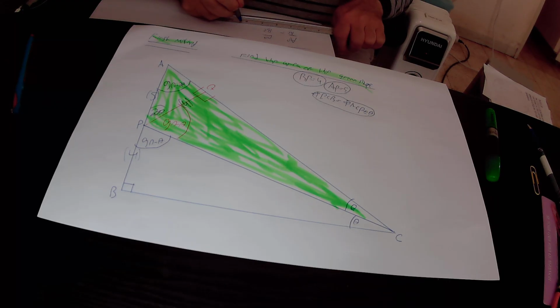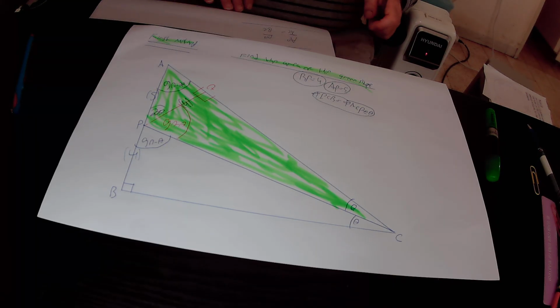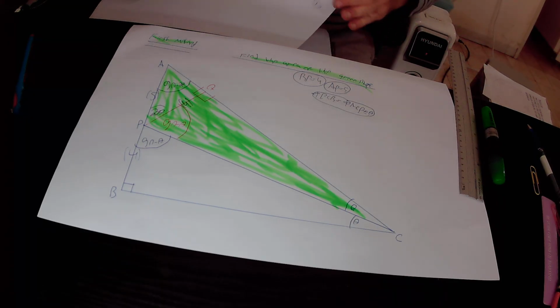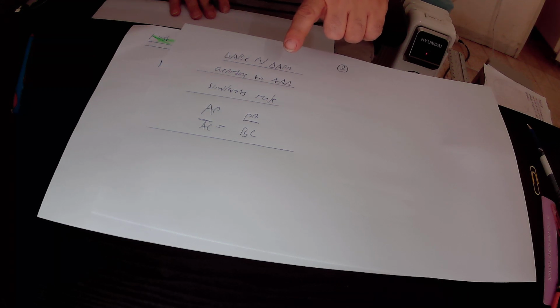And again, from the fact that the big ABC is similar to the green APQ, we derive that side AP of the green triangle over side AC of the big triangle equals side PQ of the green small triangle over side BC of the big triangle ABC.